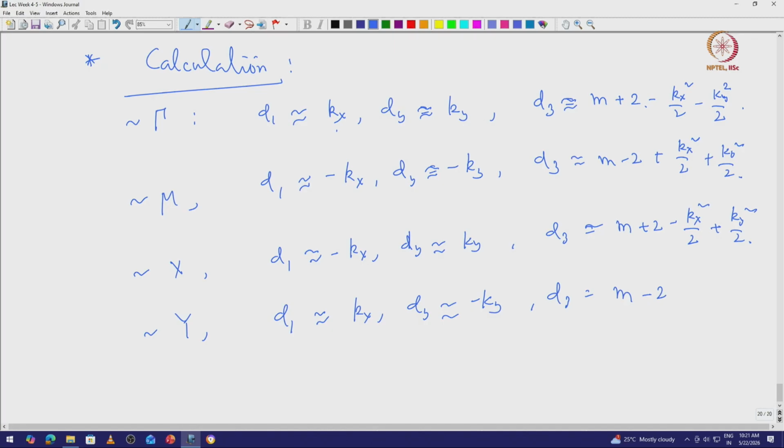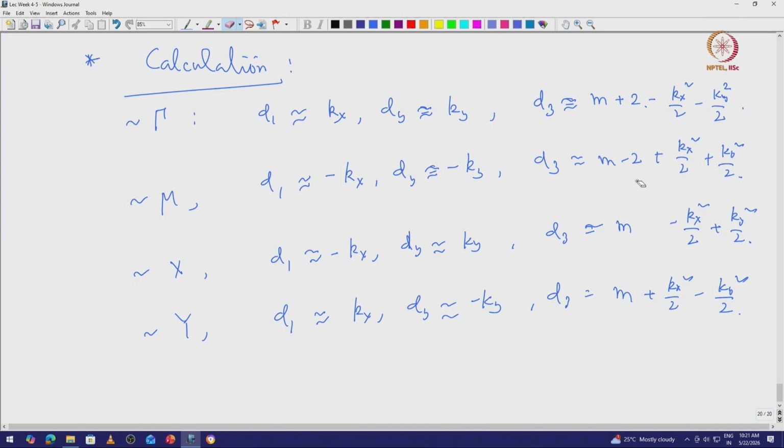Actually I made a mistake, it goes to 0. Okay. So even if we ignore this term, exactly near these points, even the quadratic term can be ignored and we just take the leading term, then you will have only these terms.